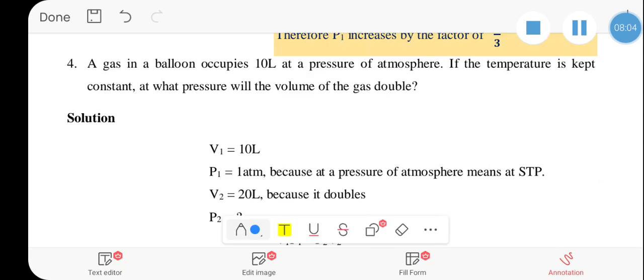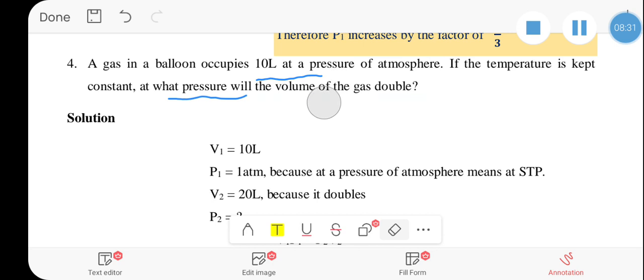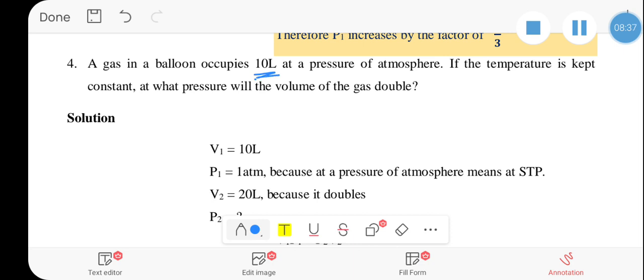another question, a gas in a balloon occupies 10 liter at a pressure of atmosphere. If the temperature is kept constant, at what pressure will the volume of the gas double ነው የሚለው። የጋዙ ቮሊዩም ደብል የሚሆነው ፕሬሸሩ ስንት ሲሆን ነው የሚለን። ስለዚህ አሁን ጊቭኖቹን መጀመሪያ ማውጣት ይጠበቅብናል። our givens are V1 is 10 liter and at a pressure of atmosphere means atmospheric pressure.